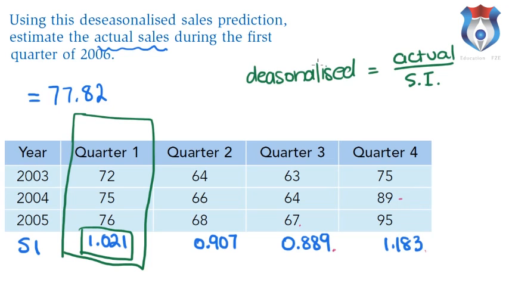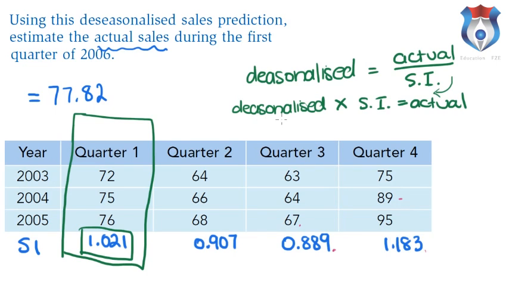We can use that to go back the other way. If I want to know what the actual is, I want to get actual by itself on one side of the equals. I'm just going to get rid of this seasonal index by timesing it over there. I'll have deseasonalized times the seasonal index will give me the actual figure.